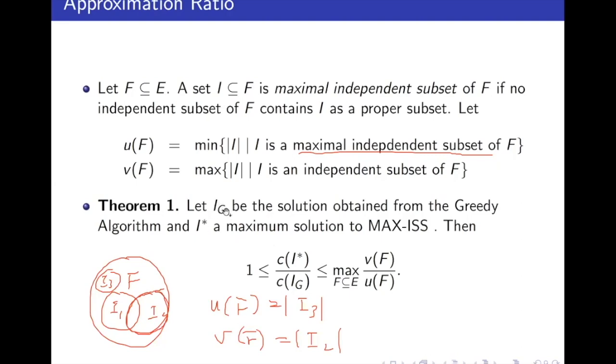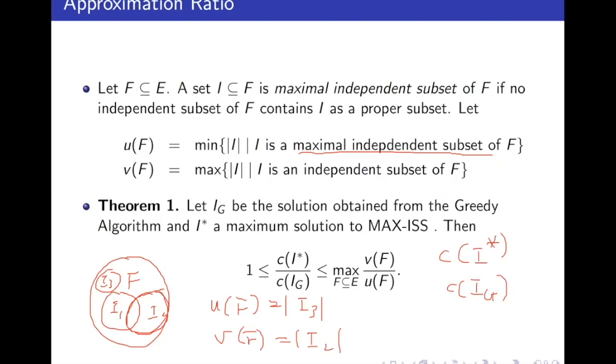Now I want to know how close IG is to I star in terms of the cost. So we want to know how close C of IG, the solution from the greedy algorithm, is to C of I star.